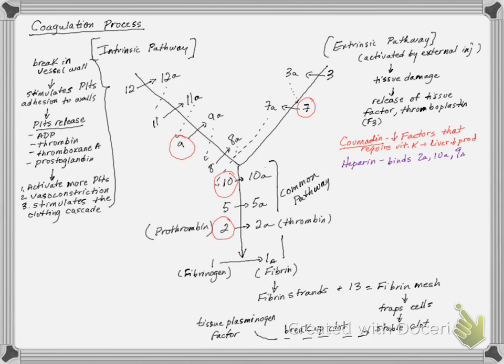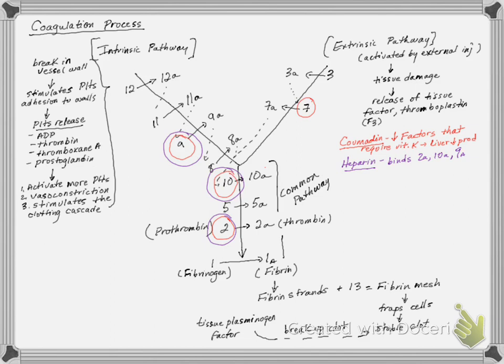Oh gosh, well, let me do an A. There we go. So we've got 2 and 10 and 9. So you can notice right off the bat that heparin only works along the intrinsic pathway.